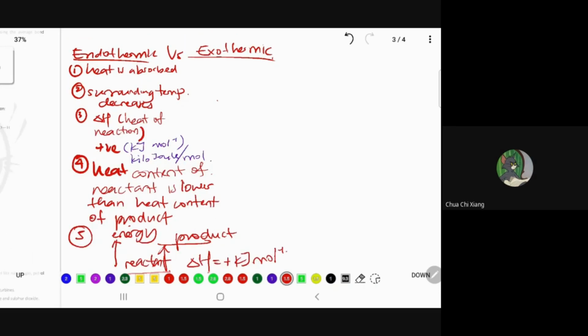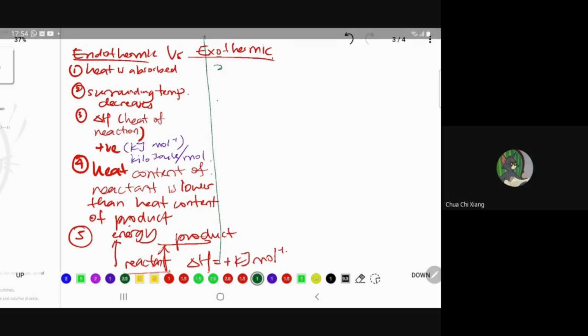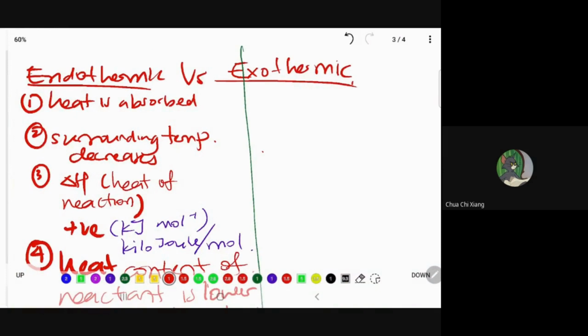Tell me what about the exothermic? You just go opposite of each thing I write in endothermic. So heat is absorbed in endothermic. What about exo? Yes, it's released. Surrounding temperature. Now the surrounding temperature that I meant here, sometimes it can be the cup they are holding the solution.